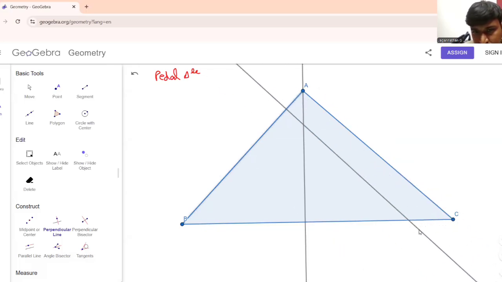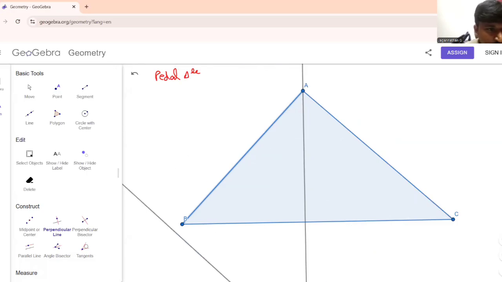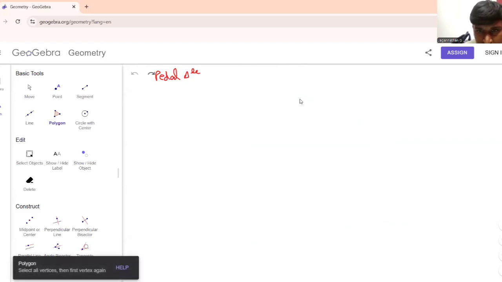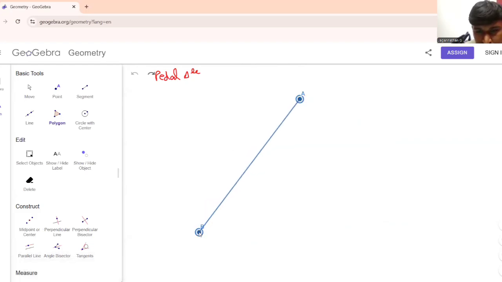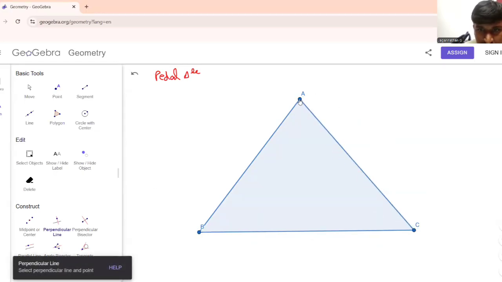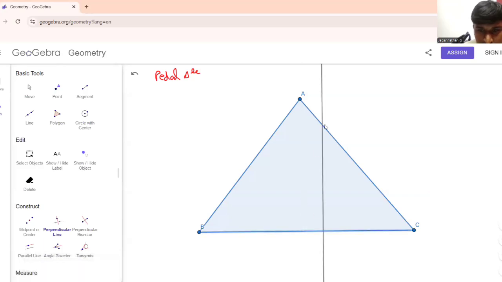I'm trying to draw a smaller triangle, for an acute angle triangle, so it'll be easy for us to understand. I'm trying to draw a perpendicular for each of the sides.